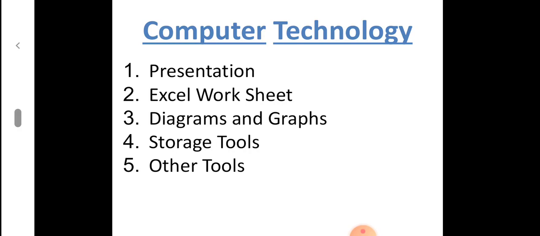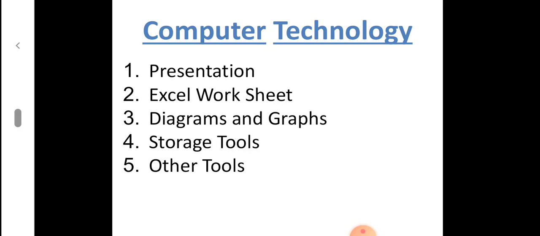Next point is diagrams and graphs. We are all aware of diagrams and graphs, and also know and understand how diagrams and graphs help in economics and how we can easily understand by diagrams and graphs.